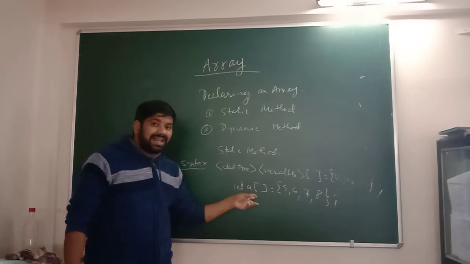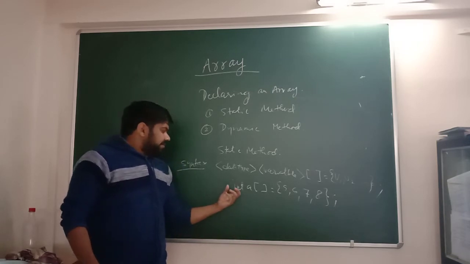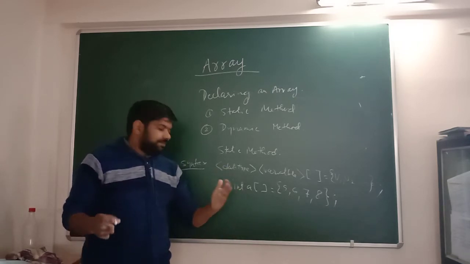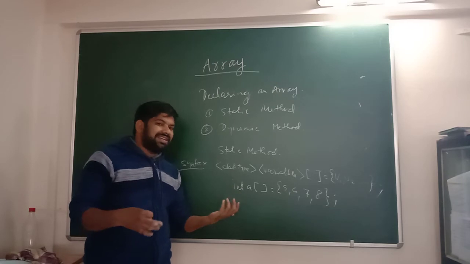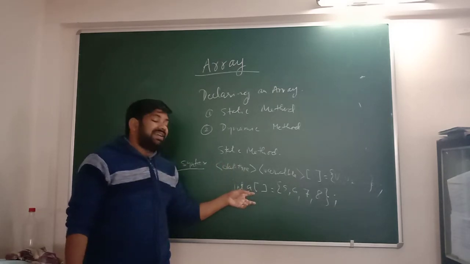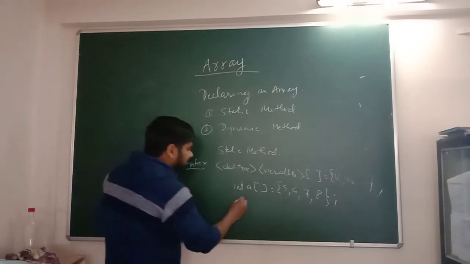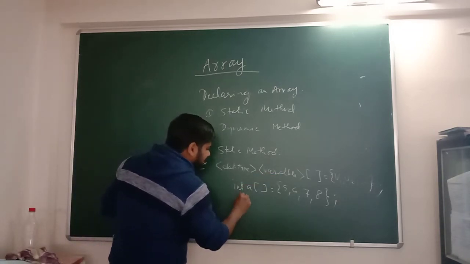That is an array. Most of the time arrays are declared in the form of integer, string and character. So this array is of integer type. How are the values allocated? In the 0 position of a, what value is there?